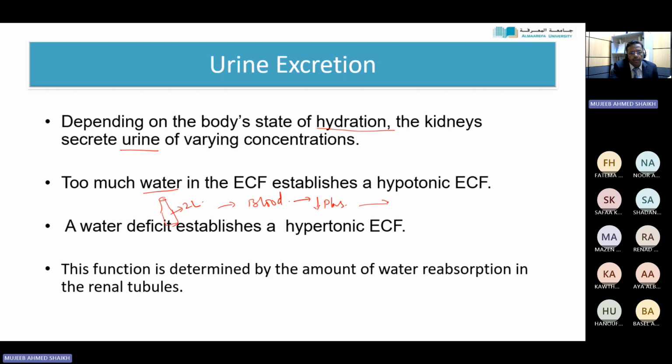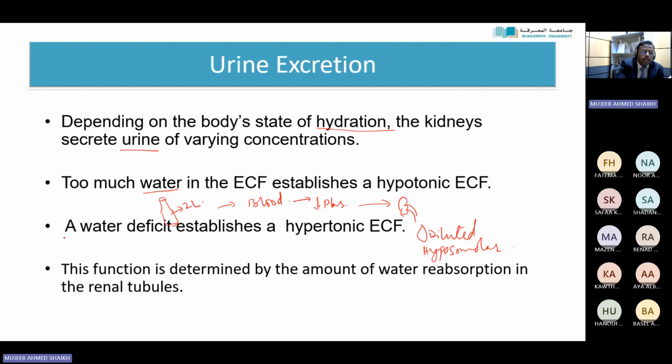And when it is filtered through the kidney, then the urine will be diluted, or you can say hypoosmolar. Less osmolarity, less concentration of the solute. This is the effect of drinking a large amount of water at a time.